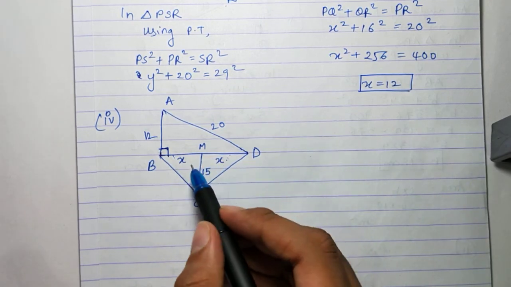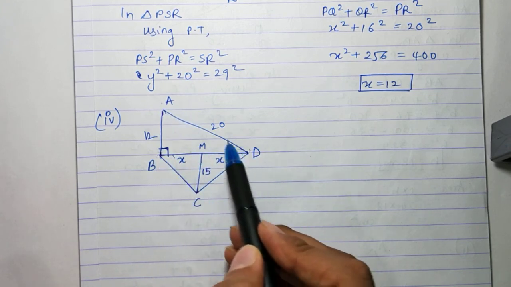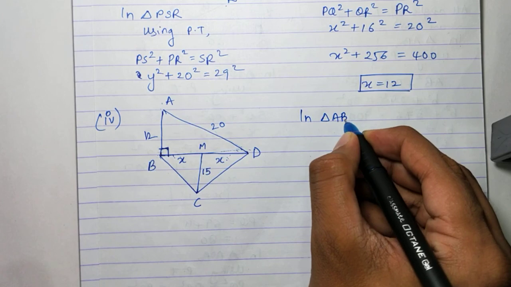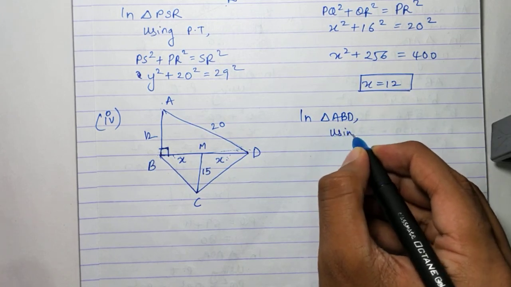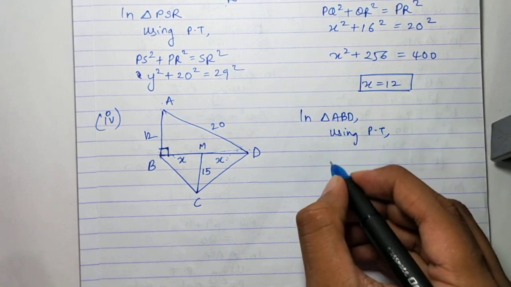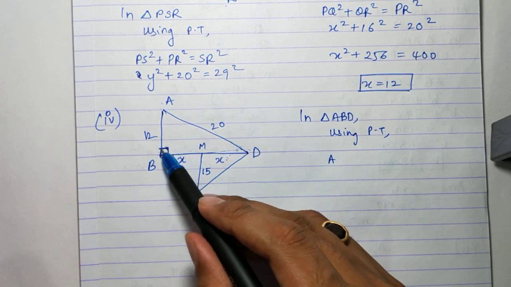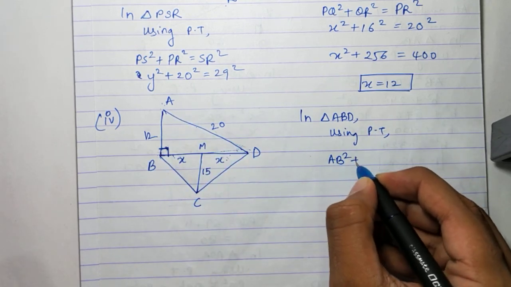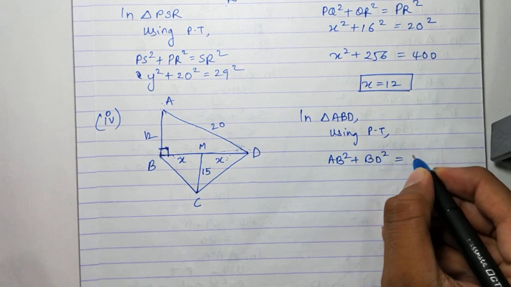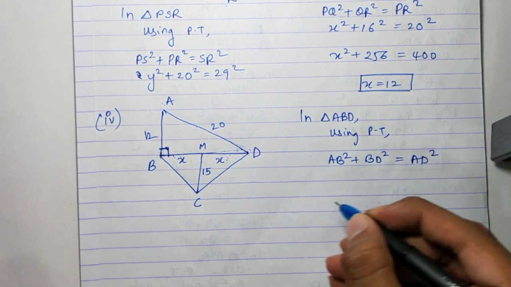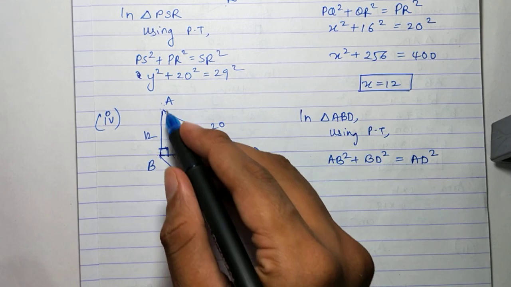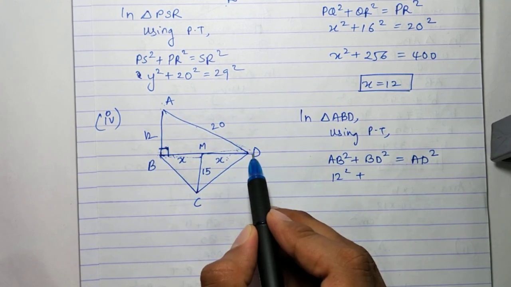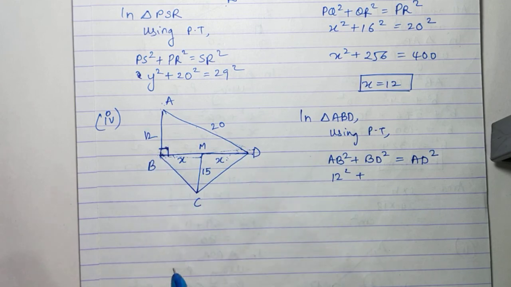So in this triangle I'll apply Pythagoras theorem. In triangle ABD, using Pythagoras theorem, which is the hypotenuse? If this is 90, hypotenuse will be AD. So AB square plus BD square equals AD square. AB is 12, BD is x. So x plus x becomes 2x.